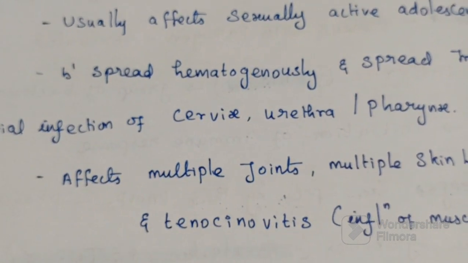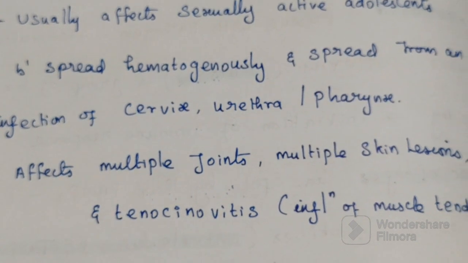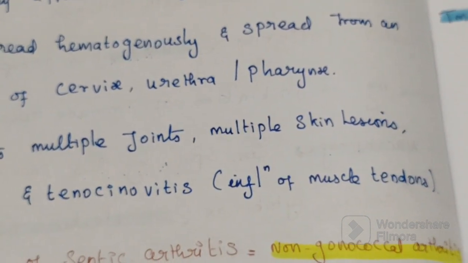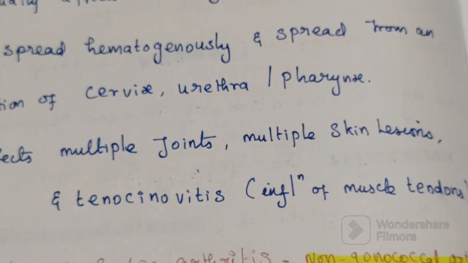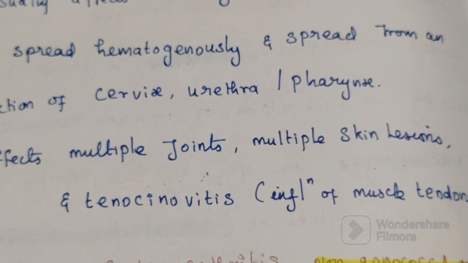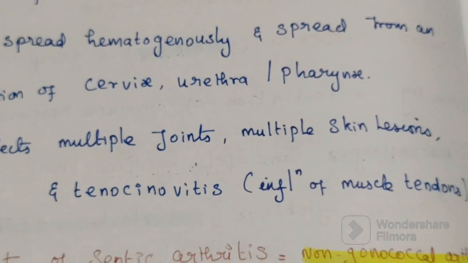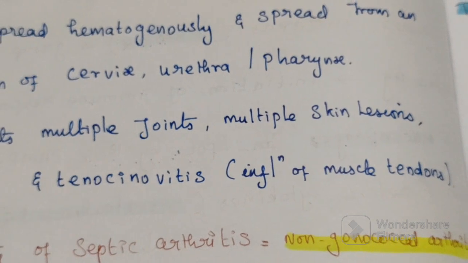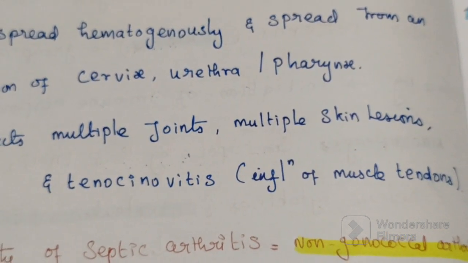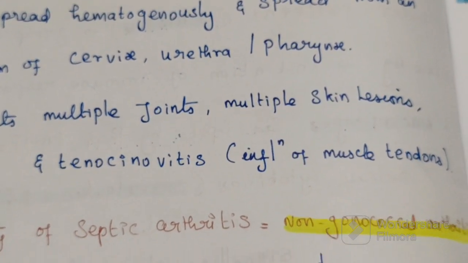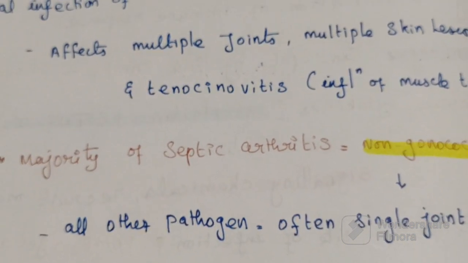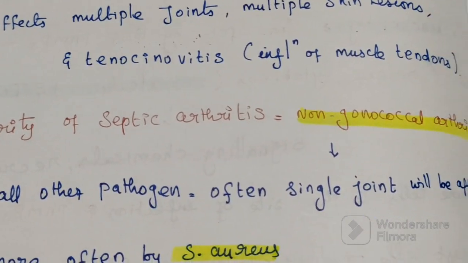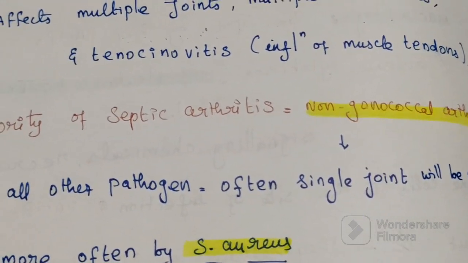Neisseria gonorrhoeae affects multiple joints and also causes multiple skin lesions and tenosynovitis, which is the inflammation of the muscle tendons.